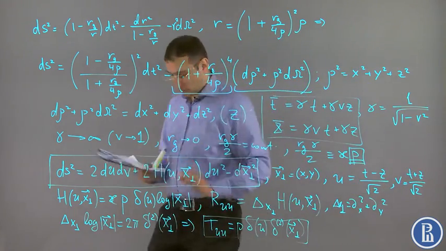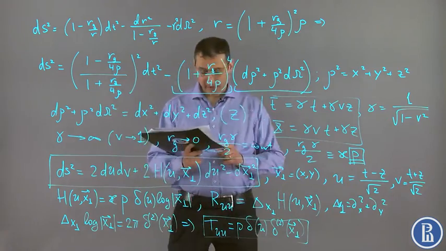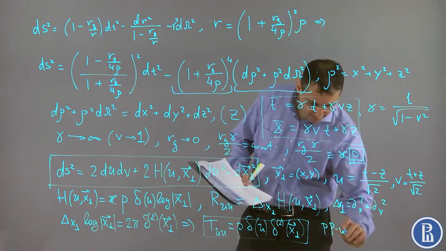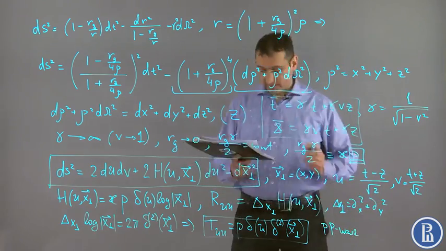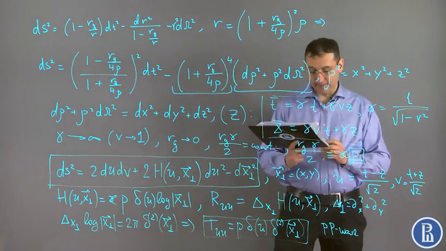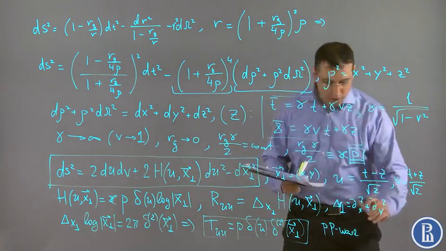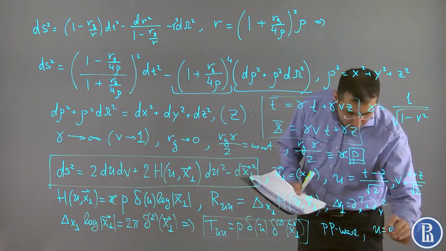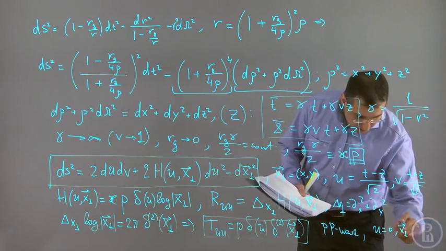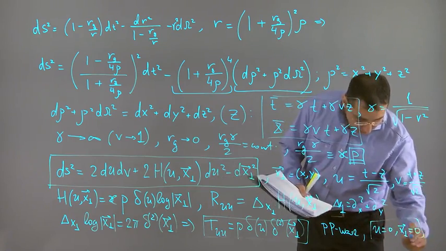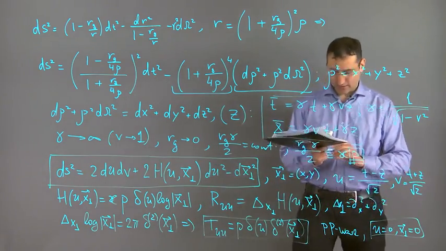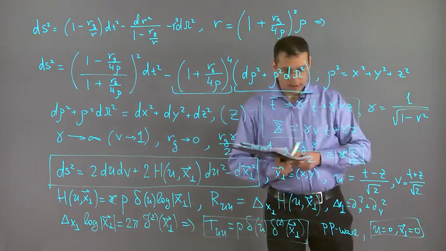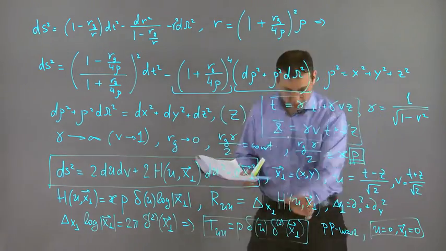This solution is called the Penrose parallel plane wave, or pp-wave. It describes a so-called shock wave, whose world line is described by the equation u equals 0, x perpendicular equals 0, where the source is.